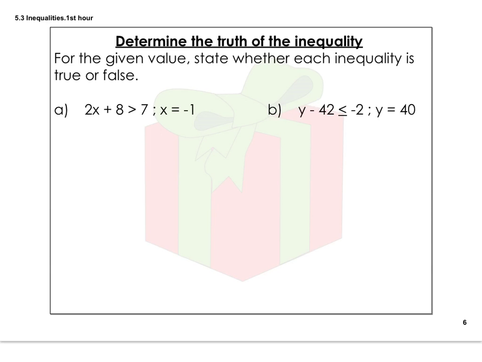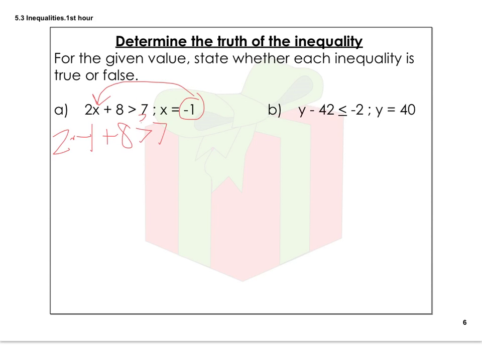So in example A, we have the inequality 2x plus 8 is greater than 7. We're going to take this negative 1, because it says x is negative 1, and replace the x with that. So this is really 2 times negative 1 plus 8. And we're going to see, is this really bigger than 7?